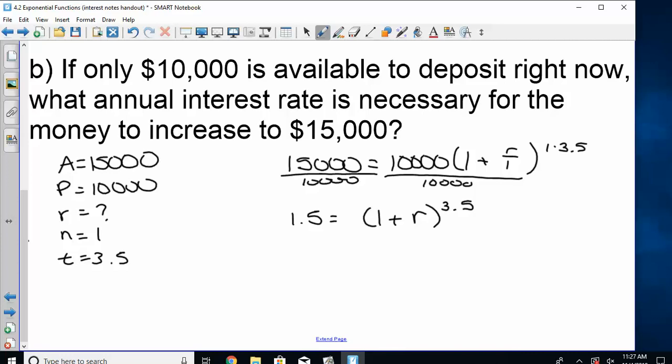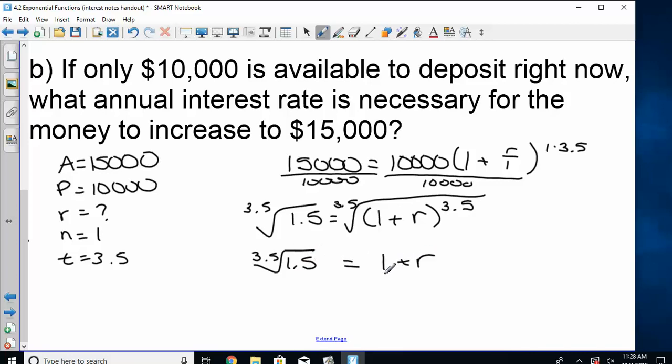Okay, how am I going to get R by itself? If it was squared, you would use a square root. It's a 3.5 power, so I am going to do the 3.5 root. And then what would you have to do with your plus 1? Subtract.